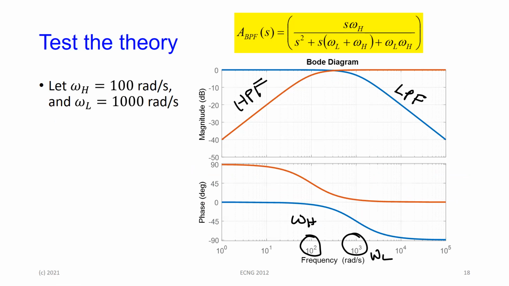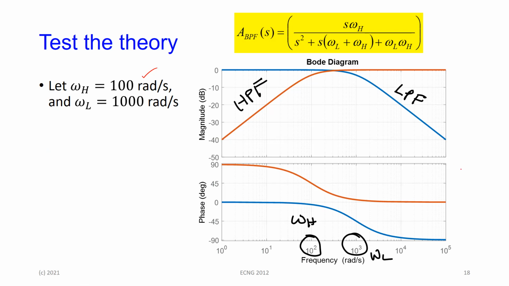Once you do these kinds of things, it always makes sense to try and test it. So we design a low pass filter, and the cutoff frequency for the low pass filter is 100 radians per second. And the cutoff frequency for the high pass filter will be 1,000 radians per second. So this is how we're going to design the bandpass.